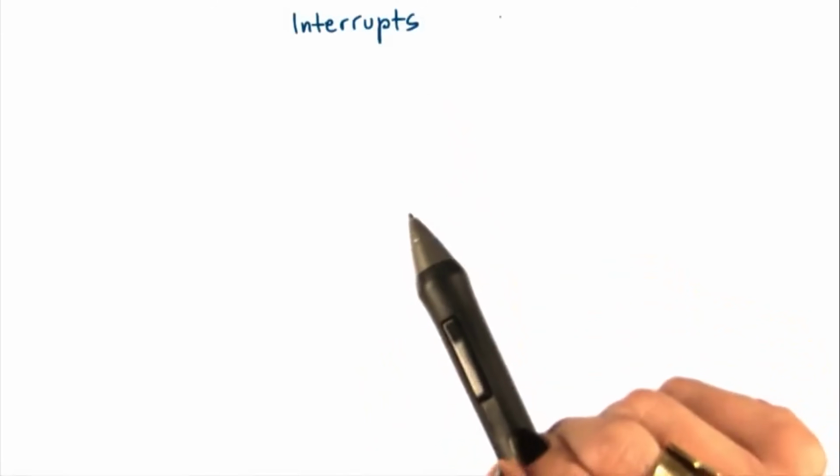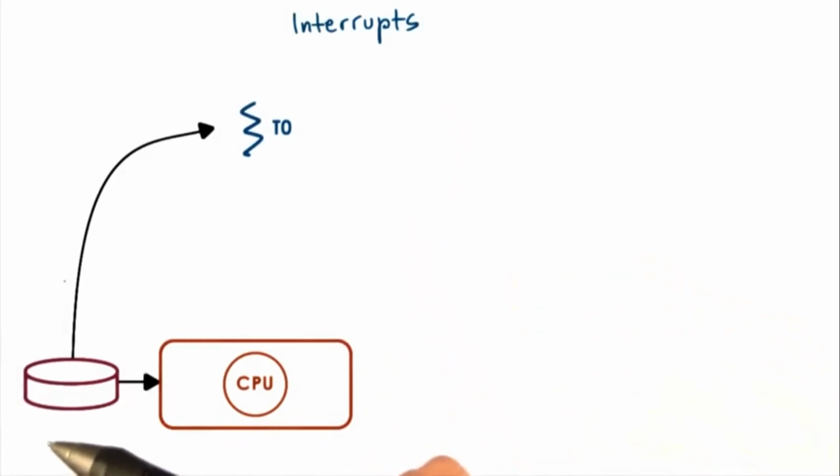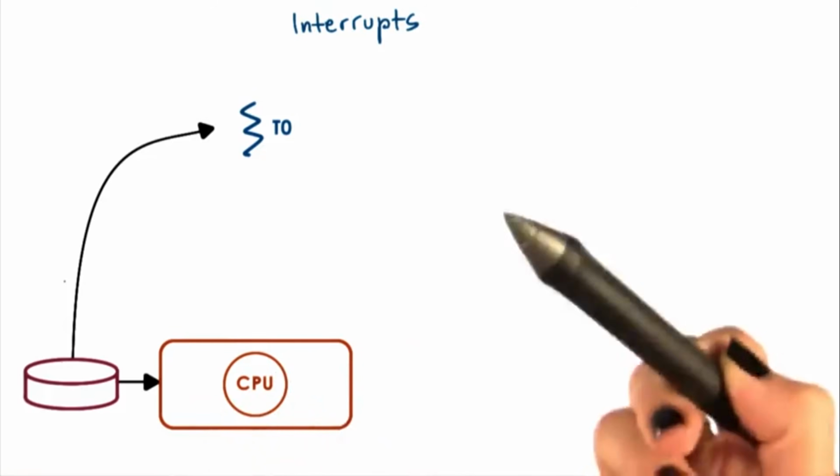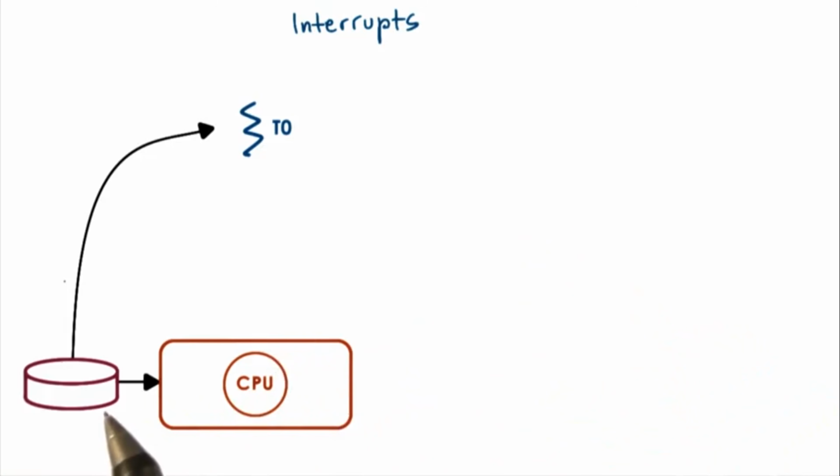Now let's talk a little bit more in depth about interrupt and signal handling. Let's start with interrupts. When a device like disk, for instance, wants to send a notification to the CPU, it sends an interrupt by basically sending a signal through the interconnect that connects the device to the CPU complex.